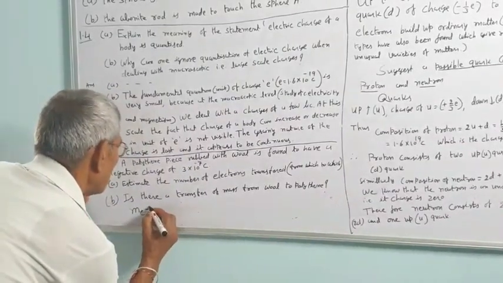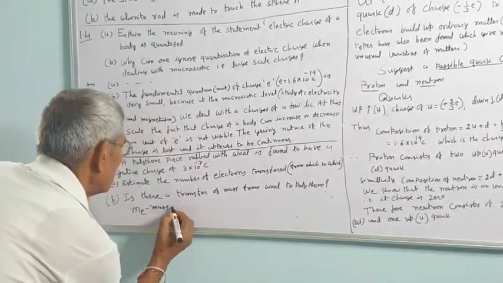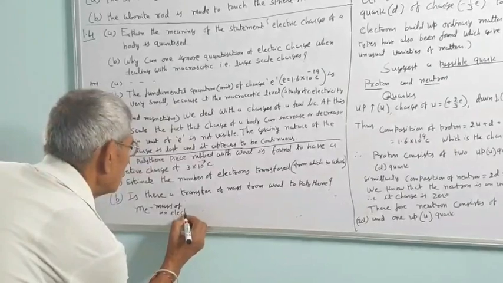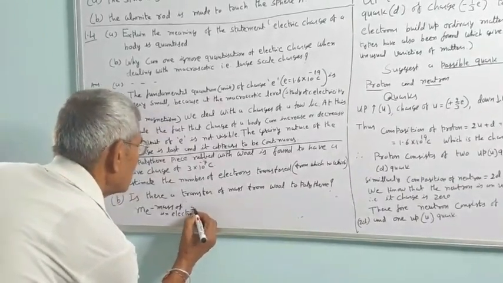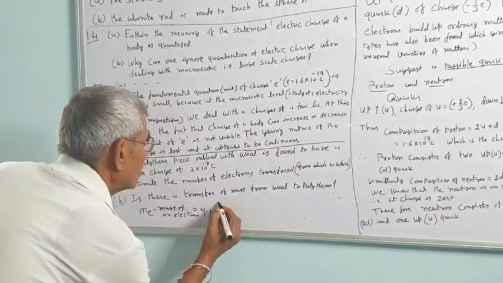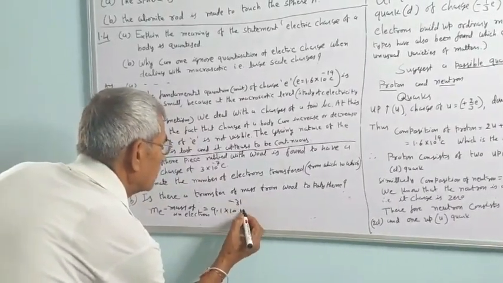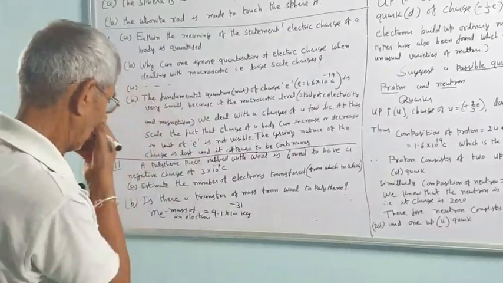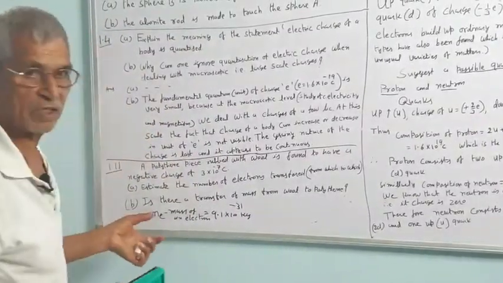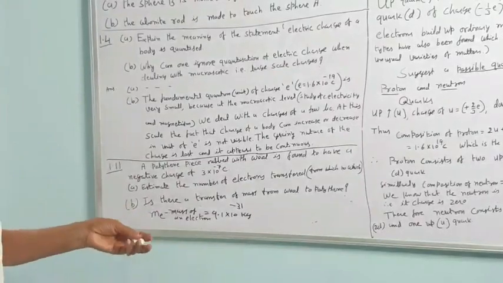Me is the mass of the electron, which is equal to 9.1 into 10 raised to minus 31 kg. This we can measure from Thomson's experiment.